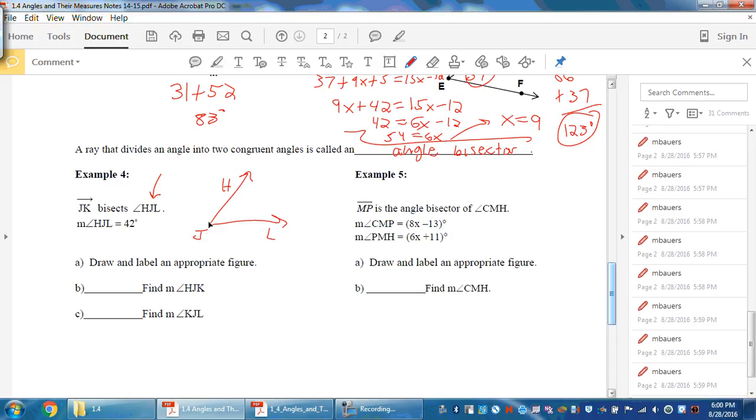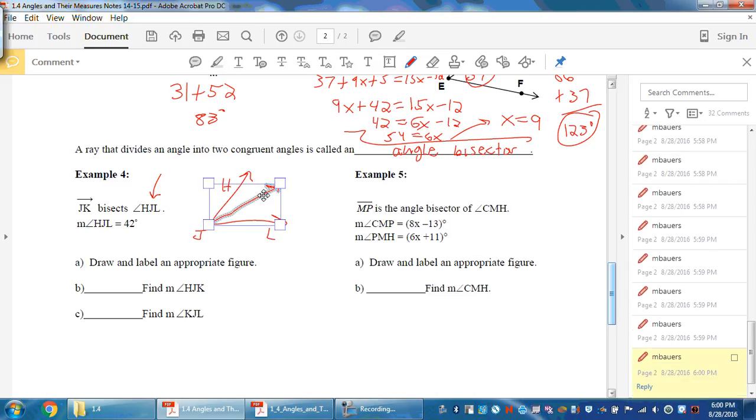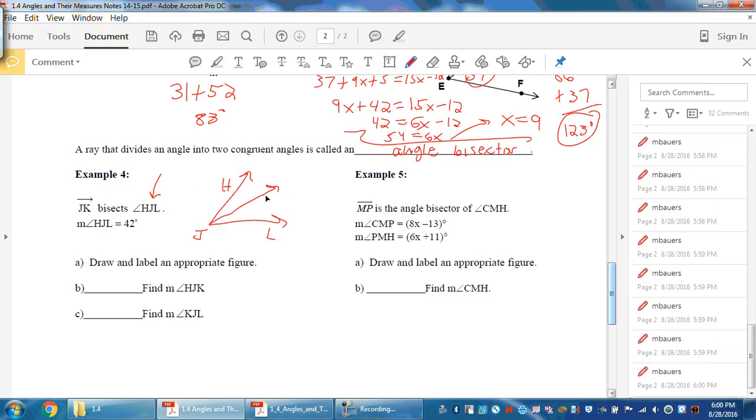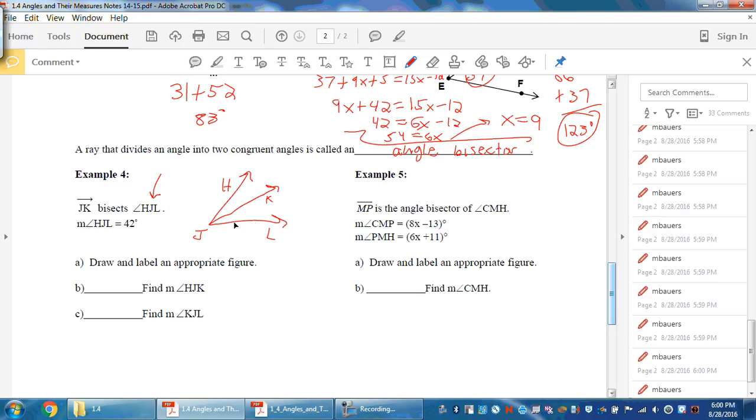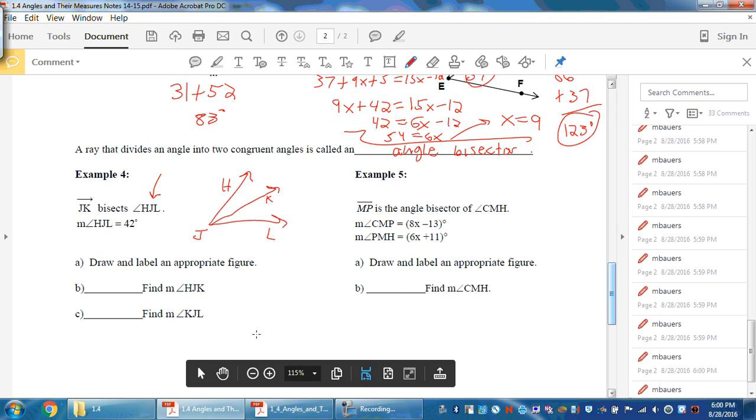So start at J. Okay, so there's K. There we go. So when we say that JK bisects HJL, then we're going to want to draw it. So just draw that, and it should look like this.